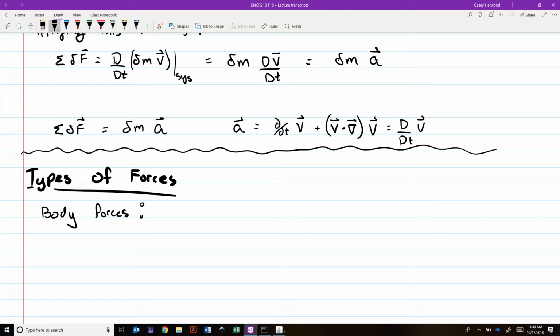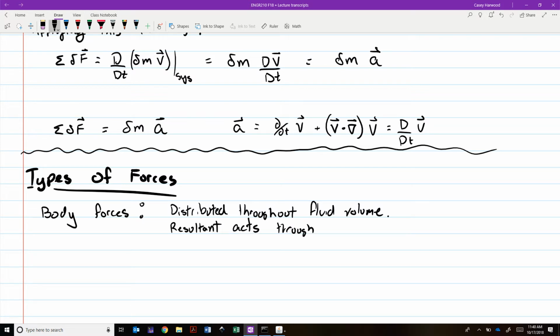Now these are generally distributed throughout the fluid volume, and because of that, the resultant of all the body forces acts through the center of mass.